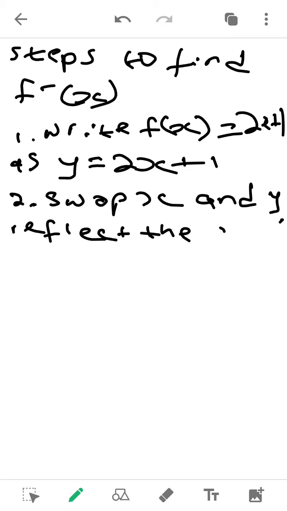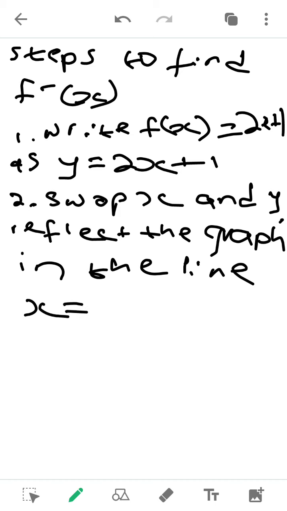Let's select the graph in the line y equals x.